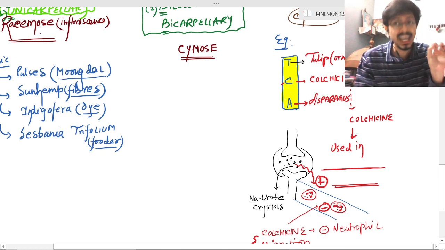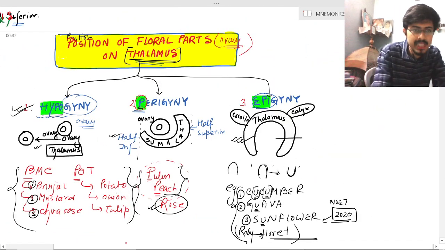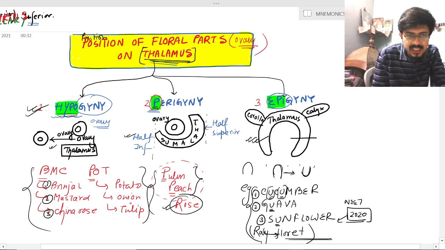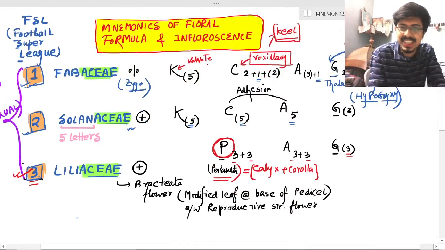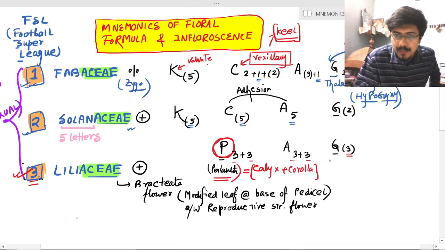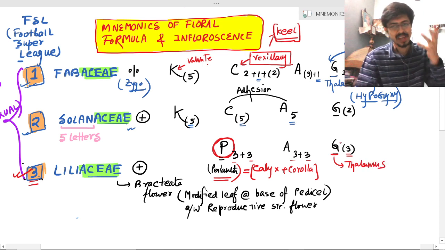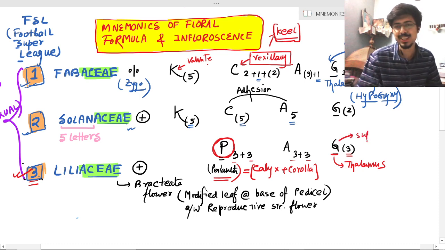BMC pot means hypogyny. I have told you this mnemonic. You can see that BMC pot means hypogyny. So tulip is also an example of hypogyny. Here you can say that this is hypogyny. The thalamus is inferior; I told you that the naming depends upon the thalamus, and as the ovary is superior, it is also known as a superior ovary.